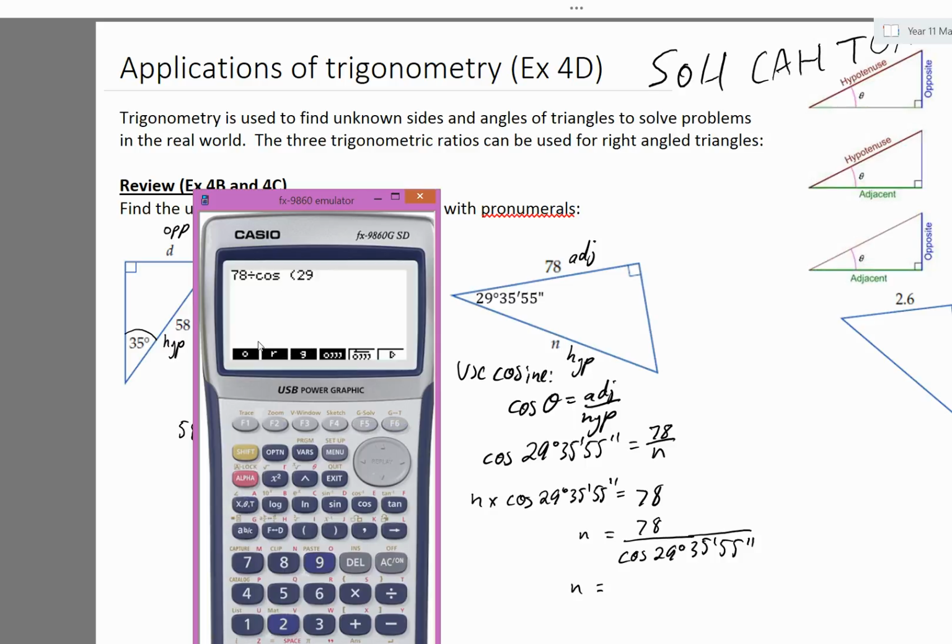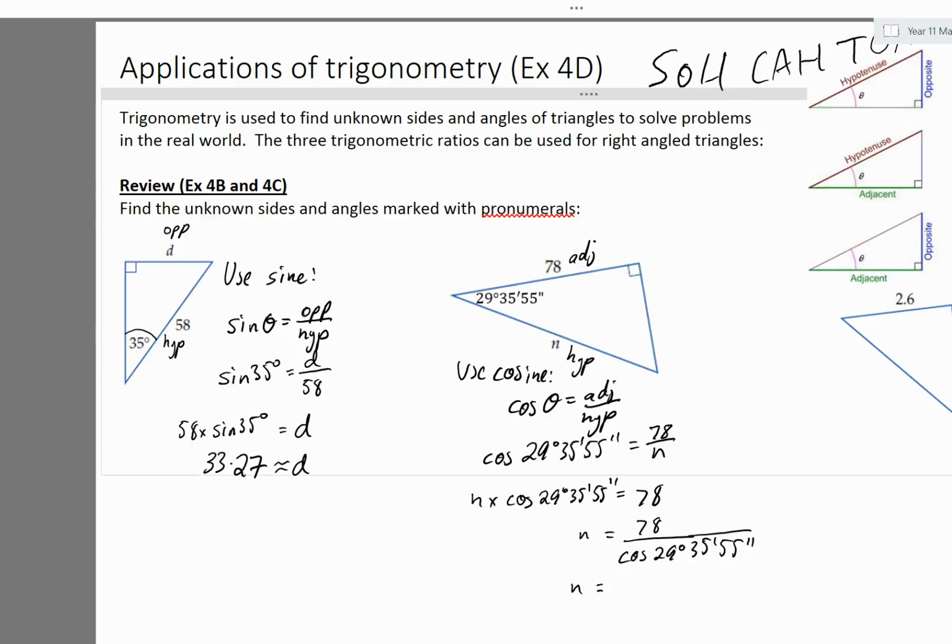I want 29 degrees, so I'll use the F4 key, 35 minutes, use that same key, and 55 seconds, use the same key. Okay, I got 89.7, is that reasonable? The hypotenuse should be bigger than 78. Yep, looks good, 89.71. There's no units here, but if there were, make sure I write meters or whatever.